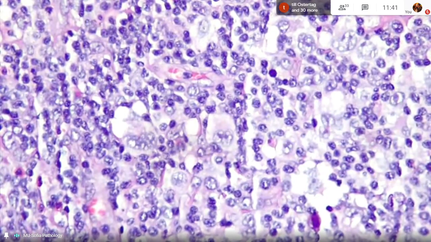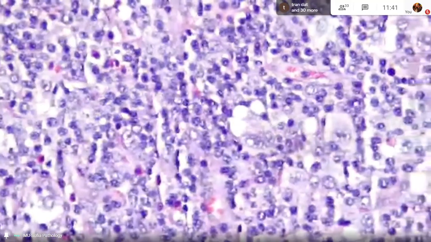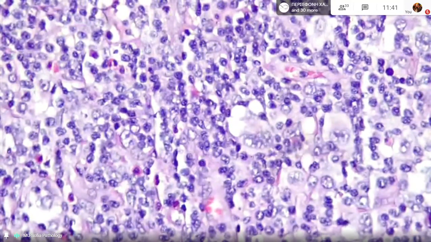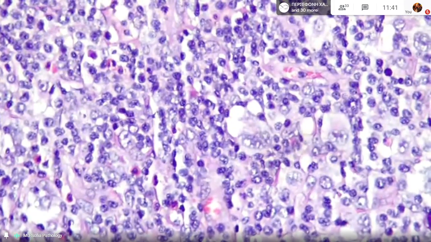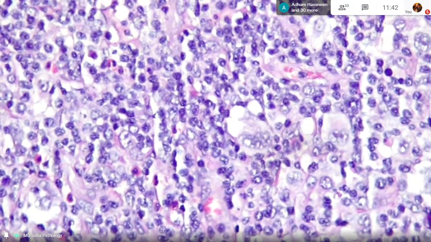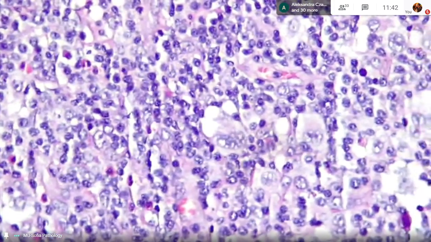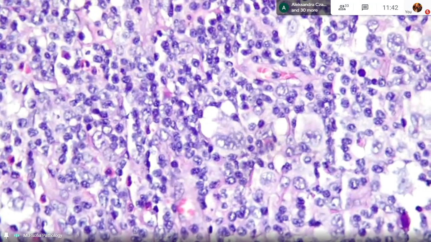And there is another cell that I'll put here in the center, which is multinucleated, and it looks that the nuclei overlap to each other. I can't count them exactly, probably more than 6. It is another typical RS cell, Reed-Sternberg cell.